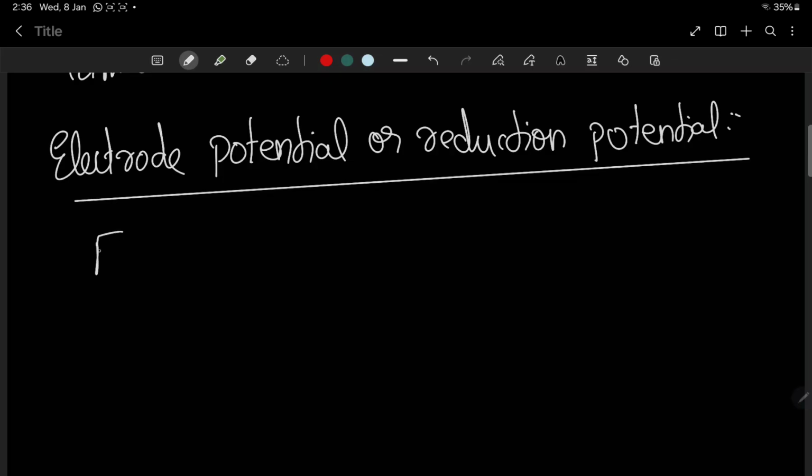That is, the electrode potential E naught of Cu2+ becoming Cu. How to find it out?